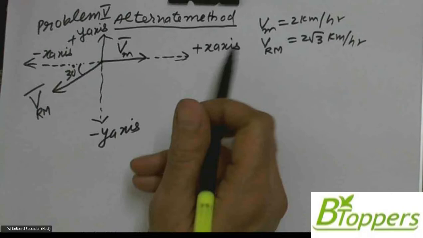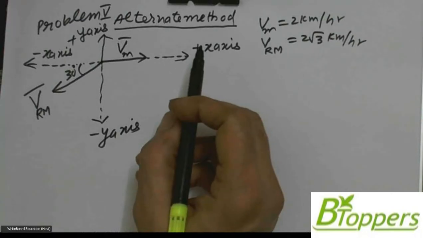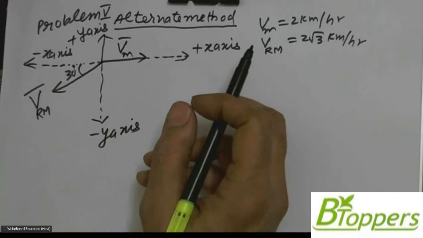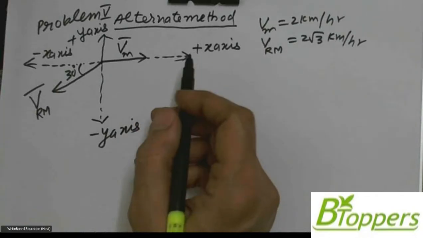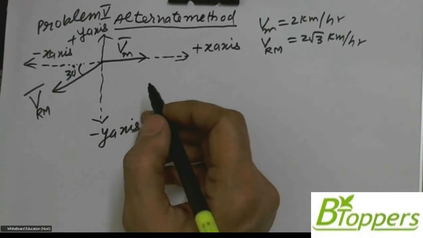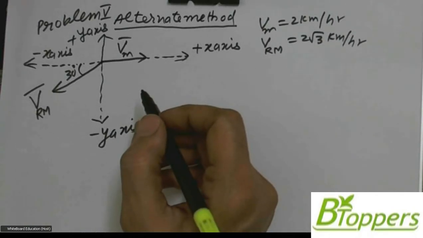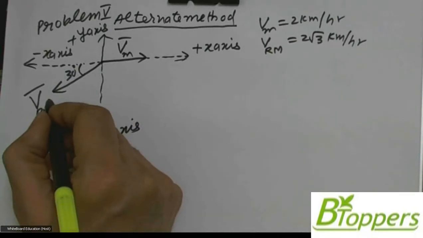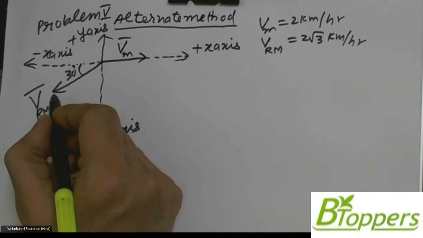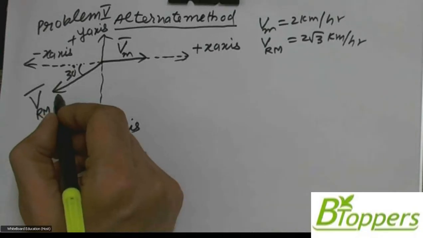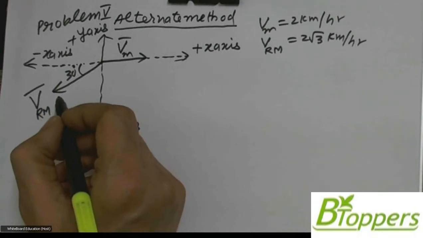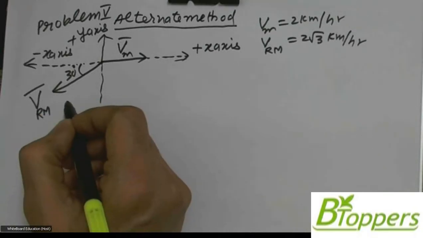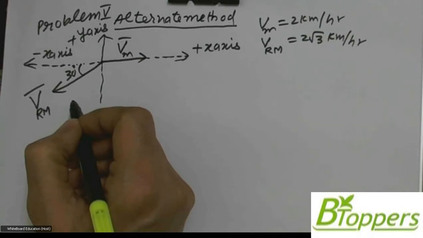So you can express each vector in terms of two rectangular components and unit vectors along x and y directions. You can resolve the relative velocity of rain with respect to the man into two rectangular components along the horizontal and vertical directions.